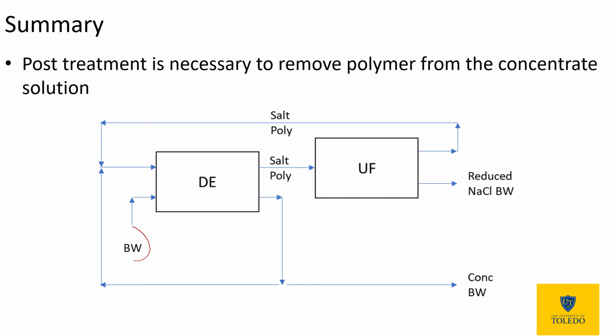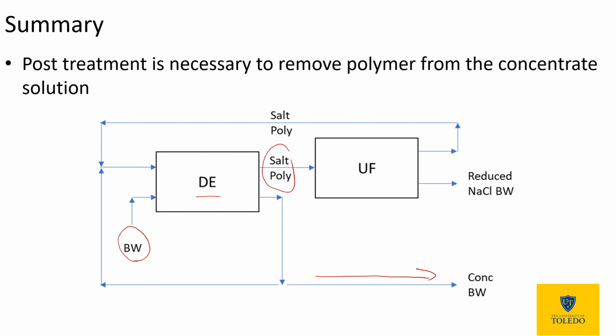Our saline feed that we wish to desalinate, say a brackish water feed, is fed to the Donnan equilibrium membrane stage. Salt is removed to produce a concentrated brackish water, which is then rejected. The solution that leaves here has had salt removed, but still has polymer in it, which we would like to remove.